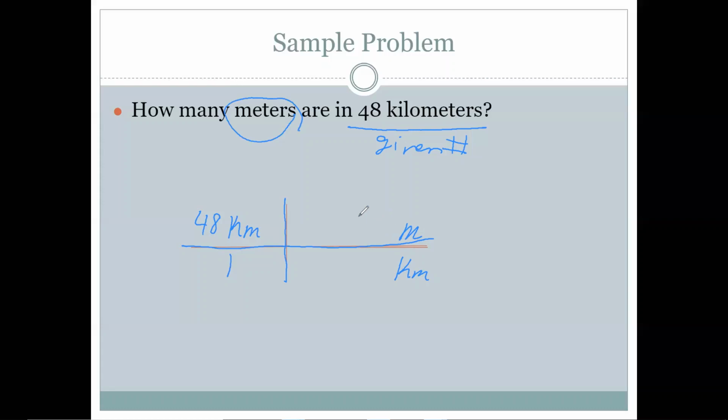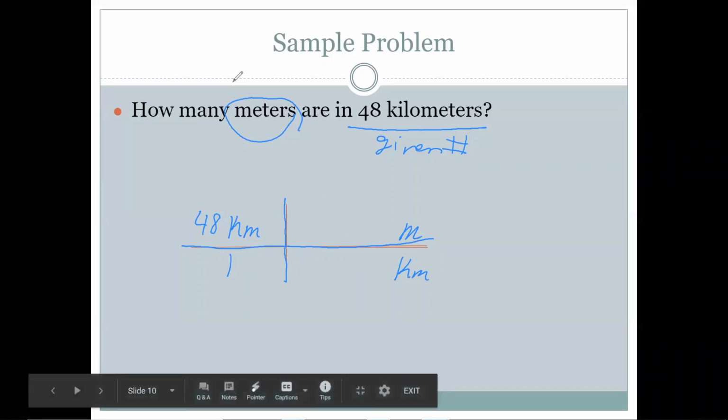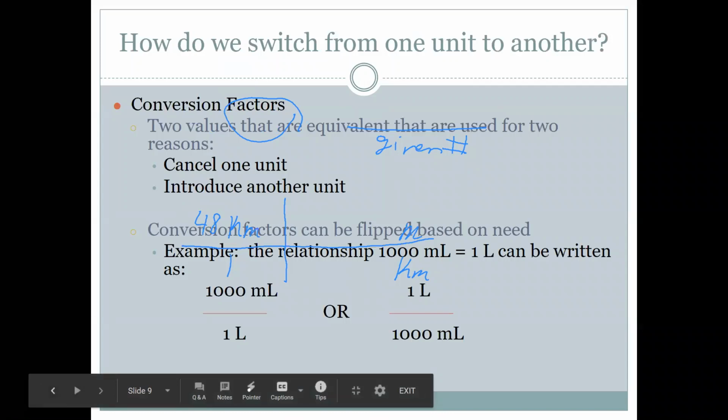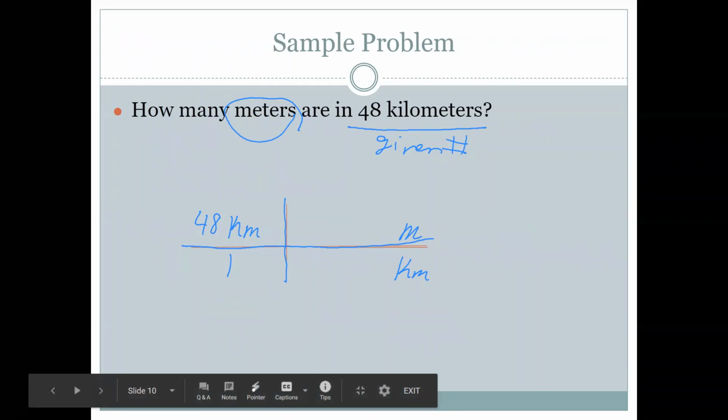So you may be asking yourself, okay, well, what goes in this blank space? Well, now we need to know what our conversion factor is. And let me just go back for a second to our previous slide. You remember how these were conversion factors over here? Well, the same thing exists for every single metric prefix.